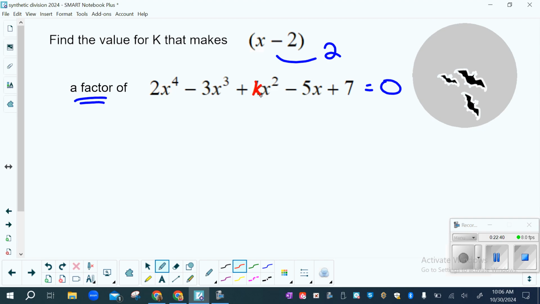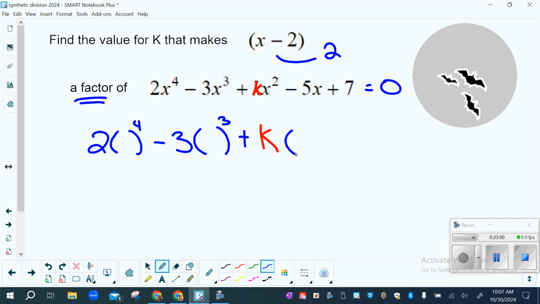The next thing I'm going to ask you guys to do is watch what I'm going to do. I'm going to write it like this. I'm going to give myself a little space. You don't have to do this. Some of you totally understand what you're doing here, but I'm going to do this for you so you know what I'm doing.